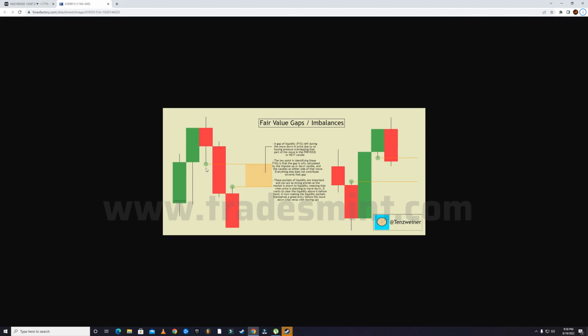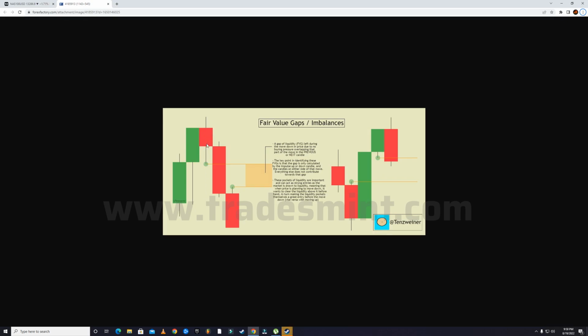I will repeat. You can see that price went up and then we had three candles. So this is like a three candle pattern, you could say. You can see 1, 2, 3 candles, and in between those three candles there should be a gap. So how do we determine a gap? If we are looking at a short position, we look from the first candle.